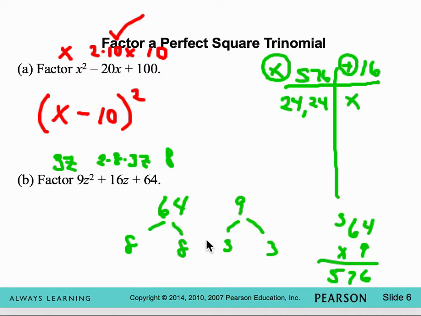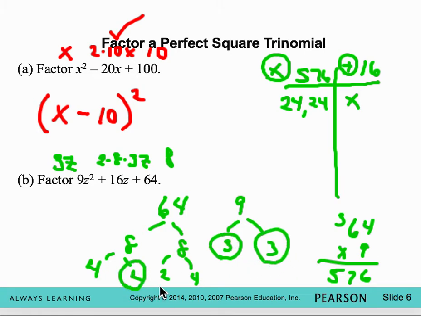Okay, and of course 64 and 9 is not 16, so let's try to go a little farther. Okay, my 3's are done. Okay, so we have 9 times 4, we have 36 and 16. That's not 16.